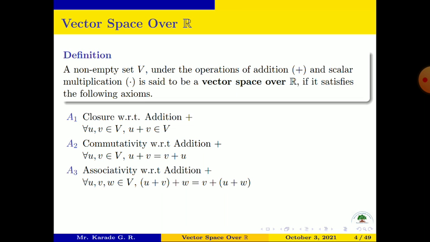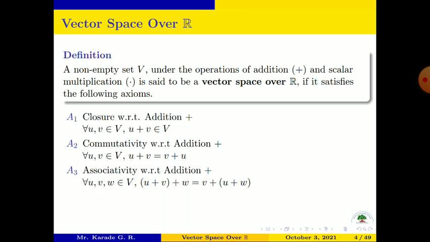So see here that the condition must be for all u, v, w belongs to V, (u plus v) plus w must be equal to u plus (v plus w).